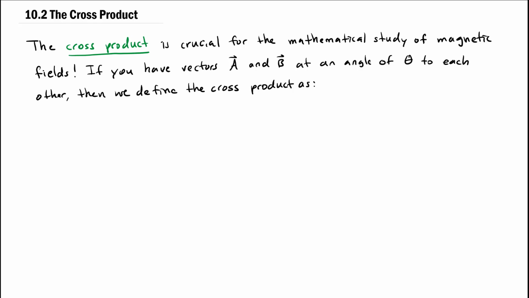So if we have vectors A and B, then A crossed with B is equal to the magnitudes of A times B times sine theta.